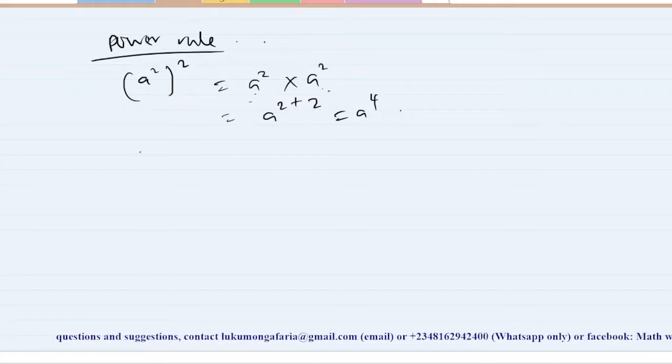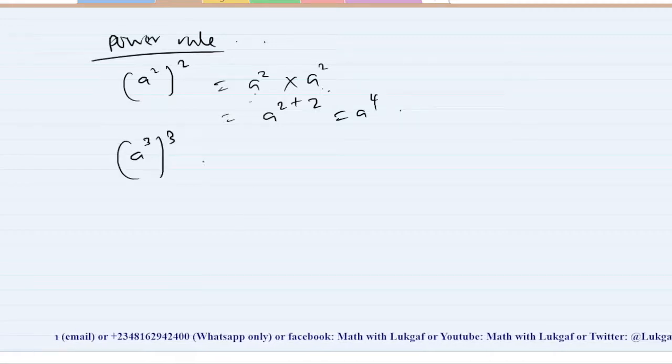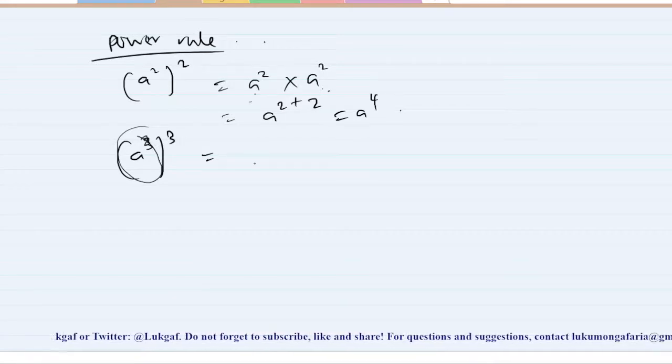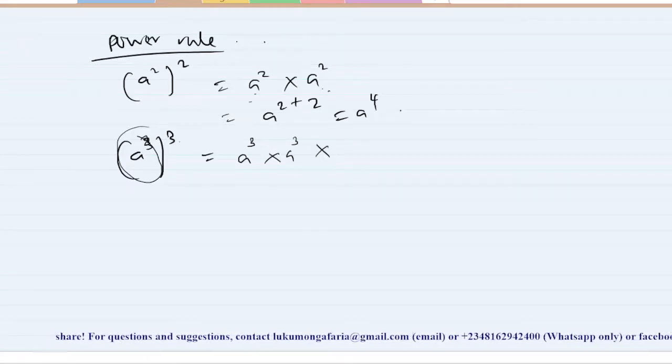Okay, now another example. Let's say I have a raised power 3, everything raised power 3. According to what I have by index, you are to multiply what you have inside this bracket by itself, 3 times. That's a raised power 3 multiplied by a raised power 3 multiplied by a raised power 3.